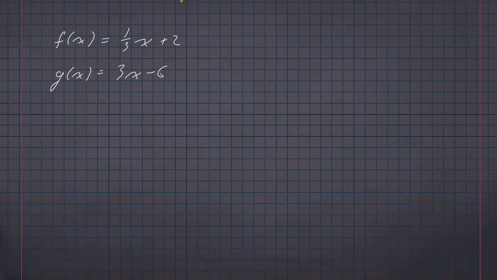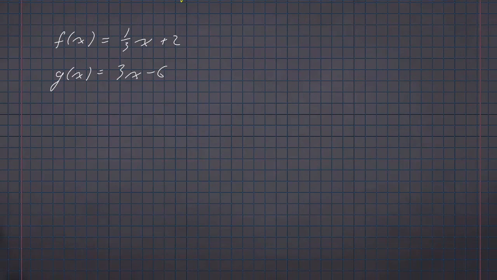Let's take a look at one more example. f of x is 1/3 x plus 2, and g of x is 3x minus 6. Some fairly straightforward linear functions in this case.